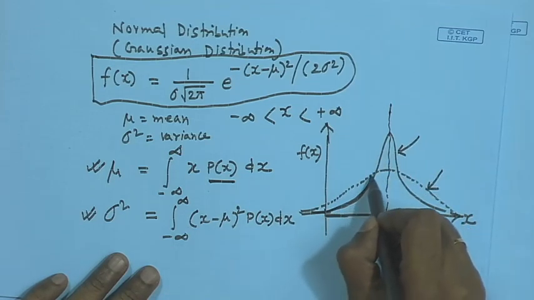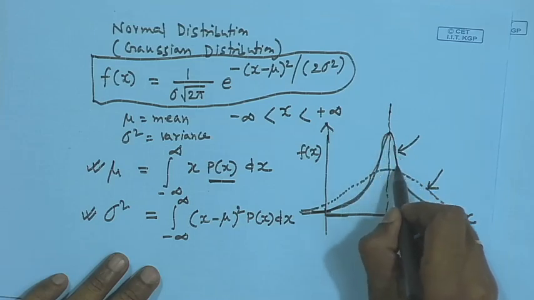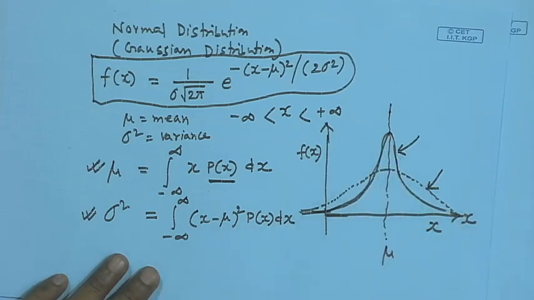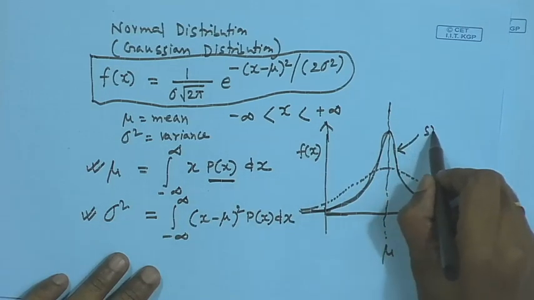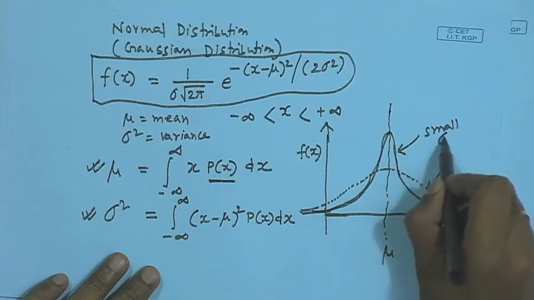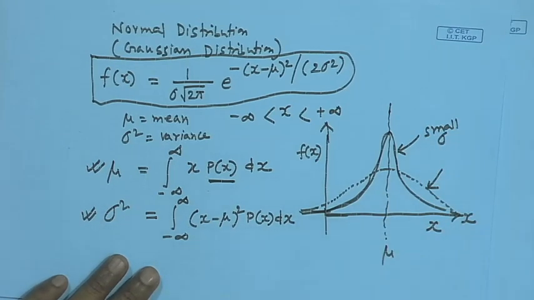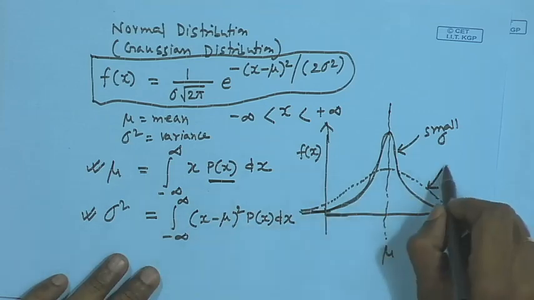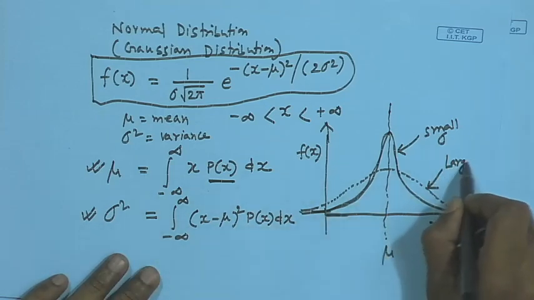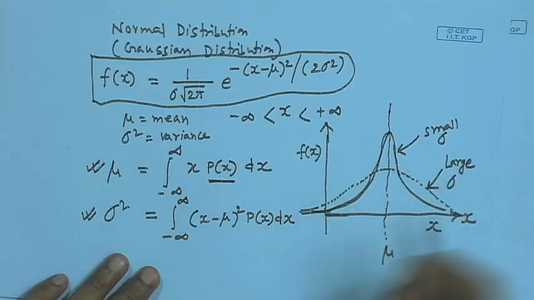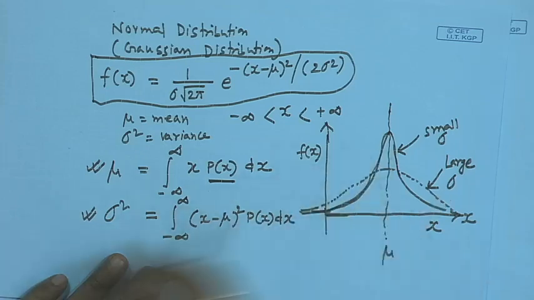This distribution has a small standard deviation, whereas this has a large standard deviation. Both have the same mean.